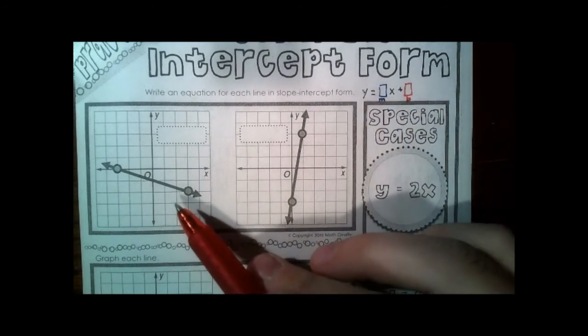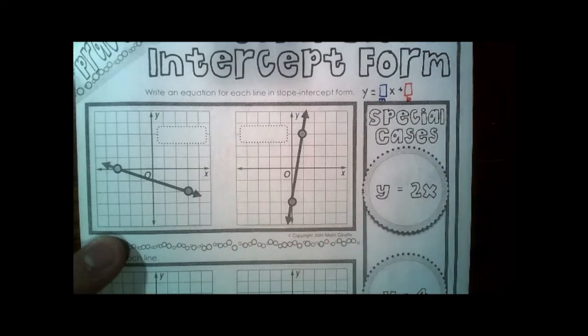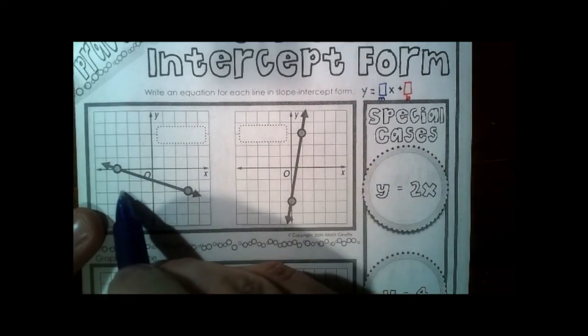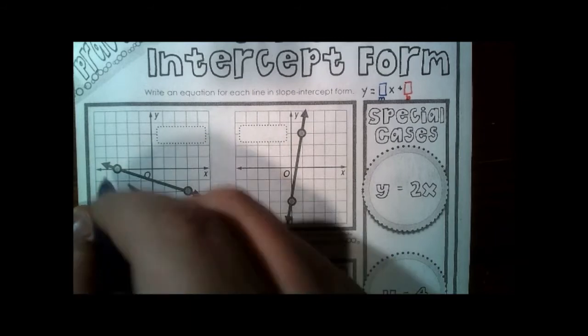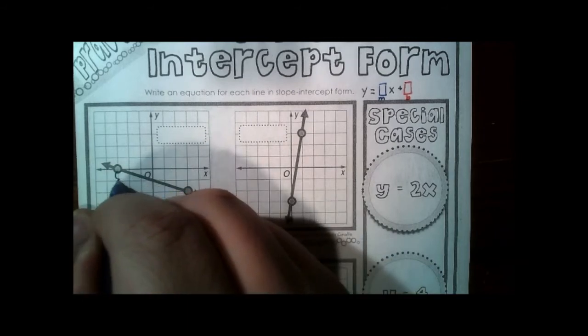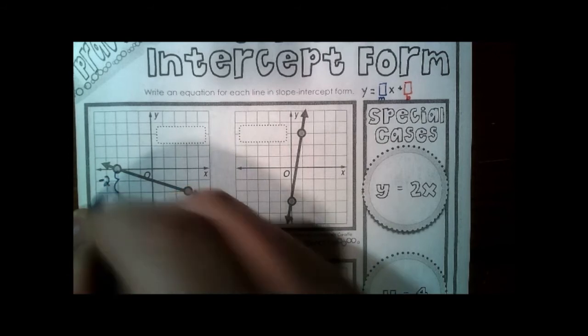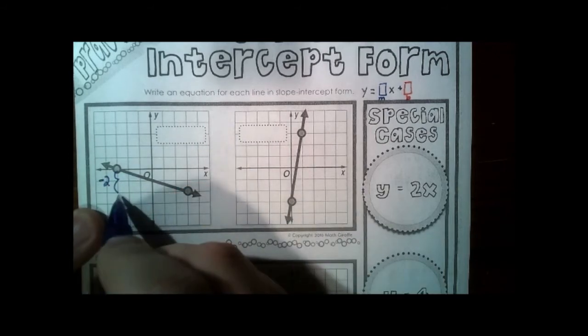So let's take a look at this one. First, let's find the slope. So remember my counting, if I go down, it's a negative direction. So I'm going to go down 1, 2, -2. Okay.